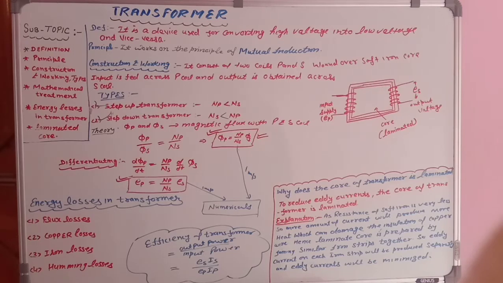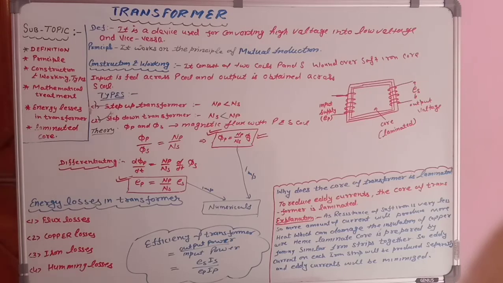If iron is taken from one place to another, or if current is flowing through iron, obviously it will start vibrating and produce some humming sound, just like honeybees. That means electrical energy is wasted in the form of sound energy. So students, these are the 4 losses in a transformer, and very important from the examination point of view.